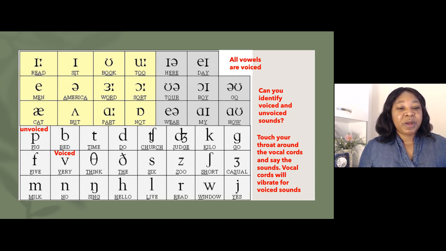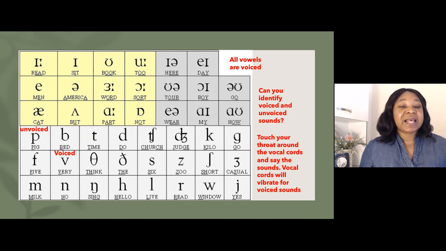So we have p, b. I'm putting a vowel to it so you can hear me, because if I don't put a vowel, you will not hear me. T in time, b in bed, p in pig, d in do, ch in church, j in judge, k in kilo, g in go, f in five, v in very, th in think, th in the, s in six, z in zoo, sh in short, and the sound in casual and treasure.